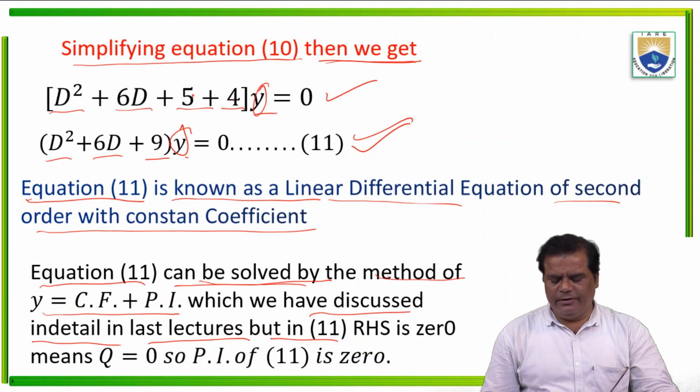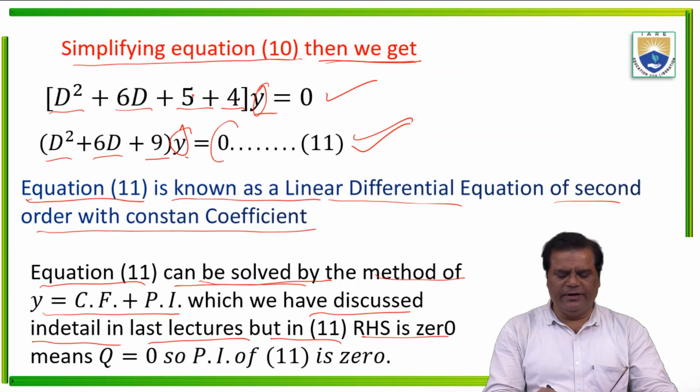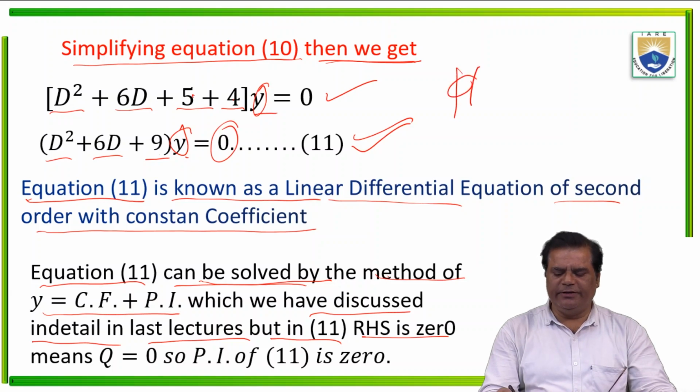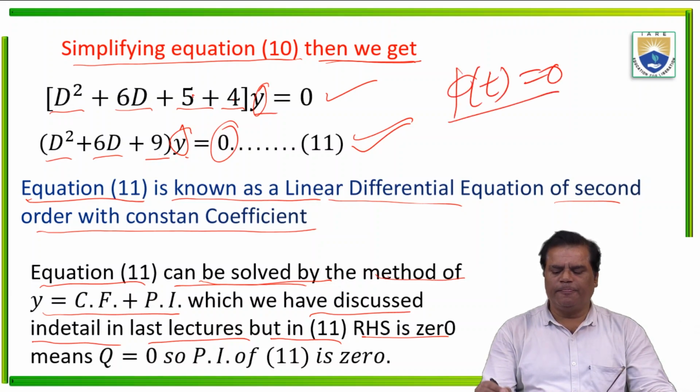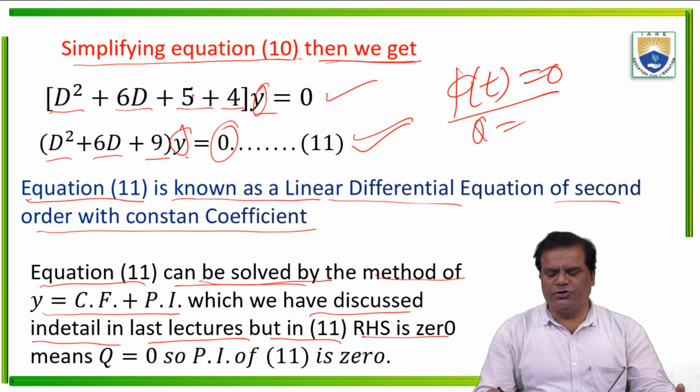In equation 11, the RHS is 0. We see that phi(t), the right-hand side, is 0, meaning Q is 0.